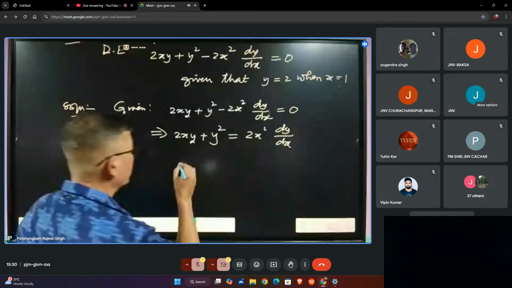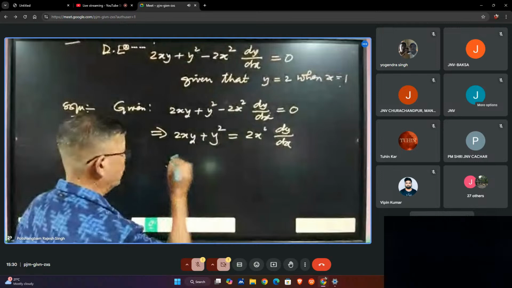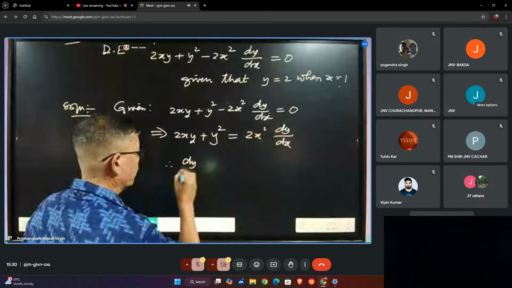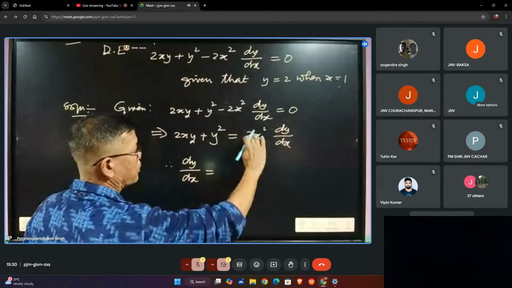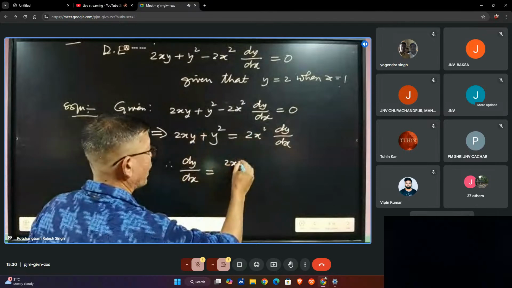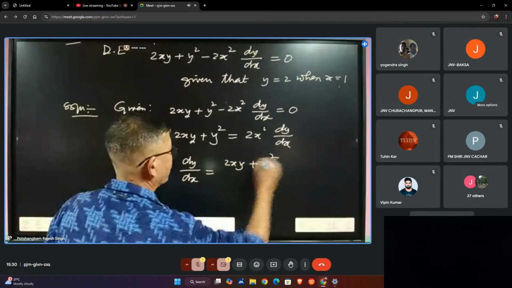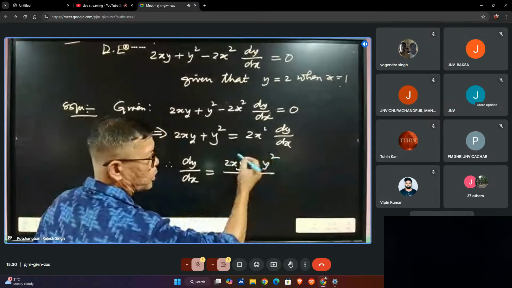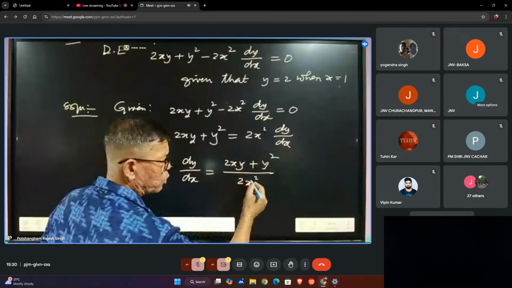After this, I would like to suggest that you find dy by dx. So this is (2xy plus y squared) divided by x squared. Now your numerator is homogeneous of degree 2 and the denominator is homogeneous of degree 2.